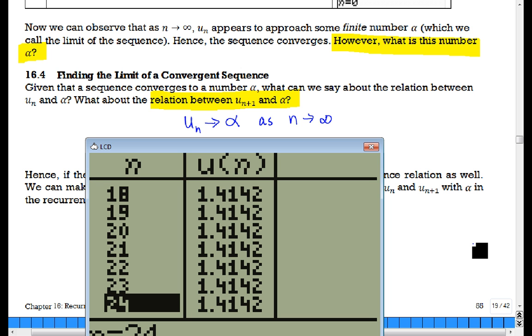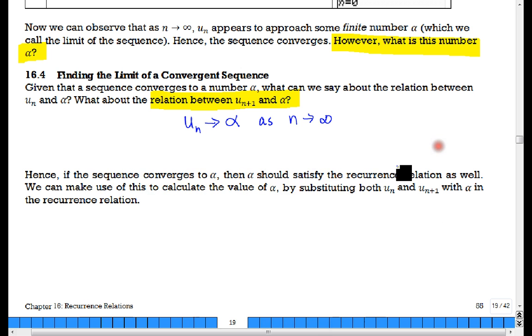Now, if you think about it, what about un plus 1? If un tends to alpha, un plus 1 should also be close to alpha, right? Should actually be even closer to alpha.